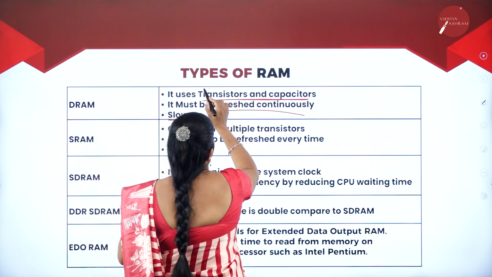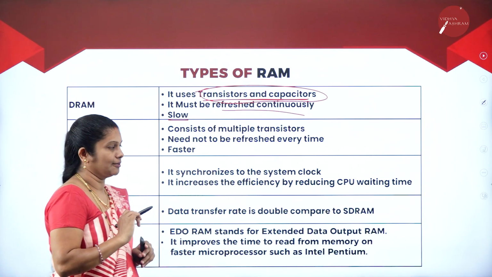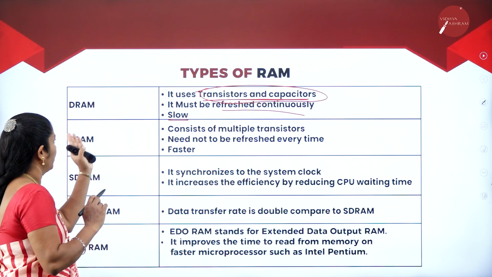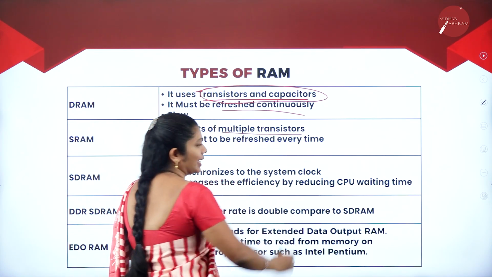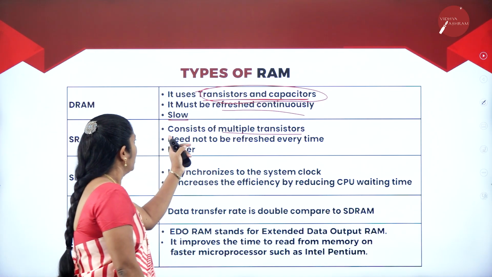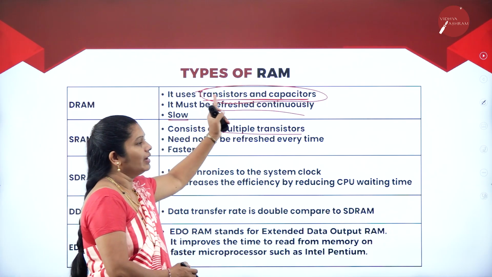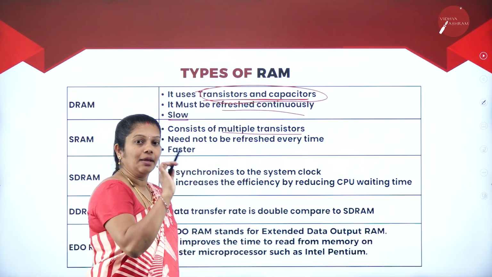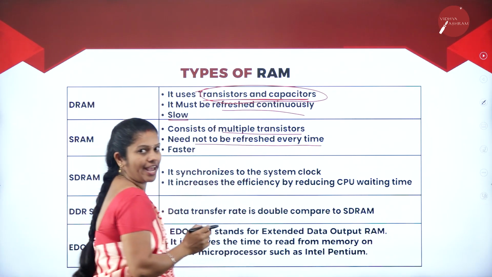But the main thing is that it is made up of a transistor as well as a capacitor. And the next one, SRAM, static random access memory, consists of multiple transistors. This is dynamic, this is static. Whereas DRAM consists of a transistor as well as a capacitor only, here it consists only of multiple transistors, and there is no need to refresh it every time.